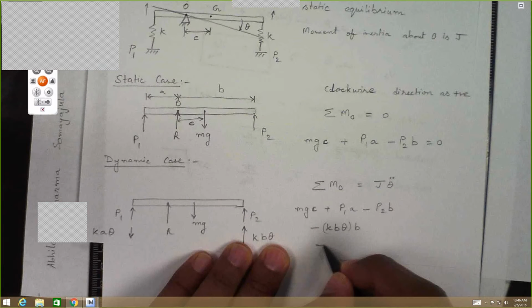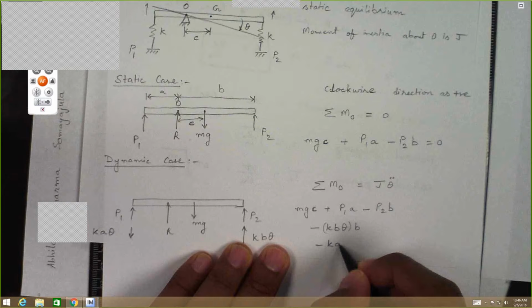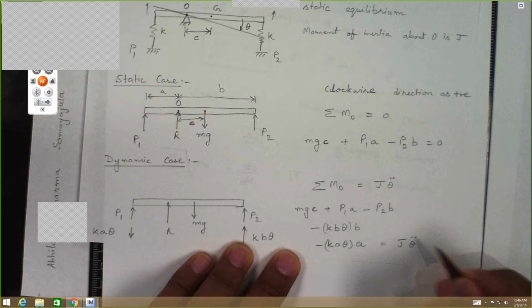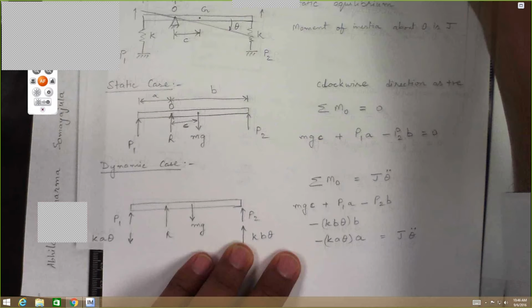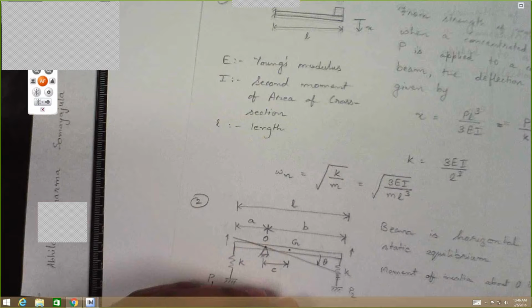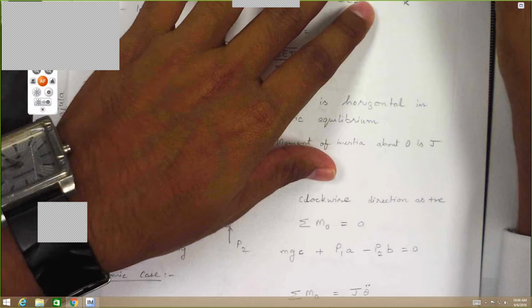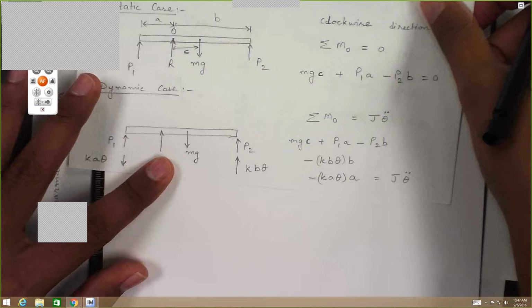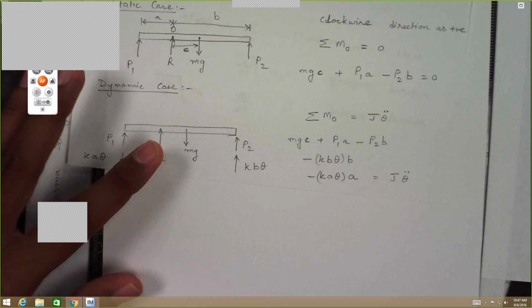So minus ka theta times a. That is equal to J times theta double dot. I'll give you a minute to just take this down quickly.